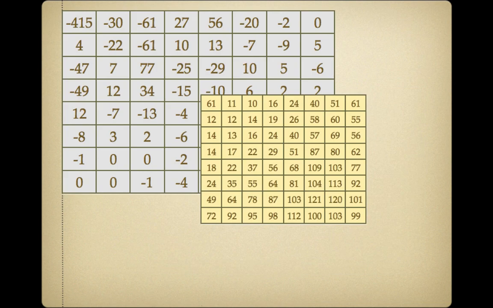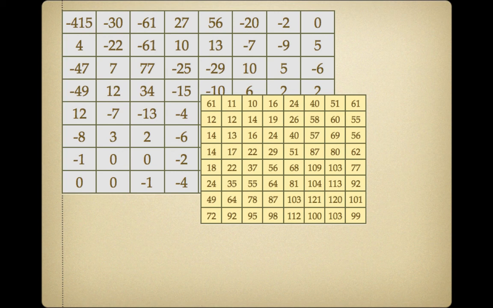Each of these values then gets divided by a number in this grid here. This particular grid isn't predefined. I got this from a textbook somewhere. This could be varied. Different coders might do that slightly differently, depending, of course, on how much loss you want to introduce.